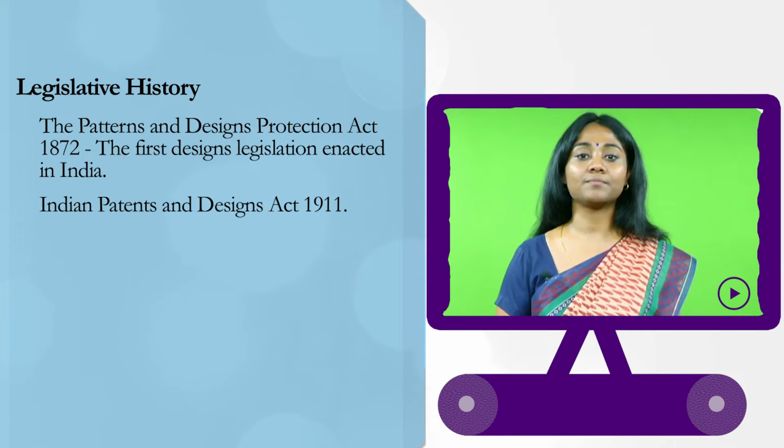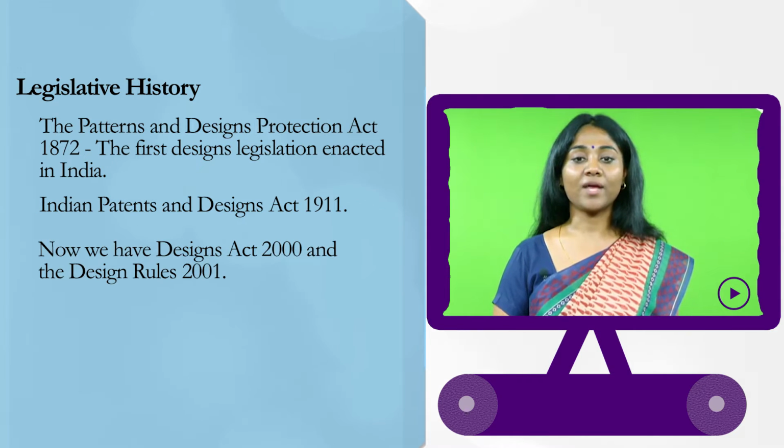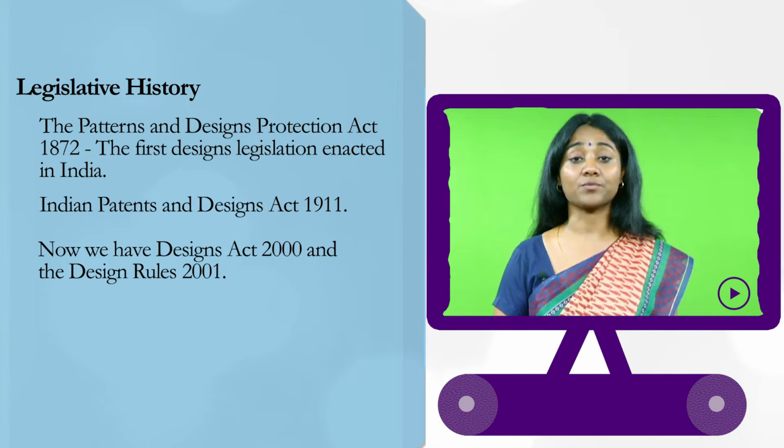Thereon, we had the Indian Patents and Designs Act of 1911, and finally we have the new designs law, which is known as the Designs Act of 2000, as well as the Designs Rules of 2001. The design wing of the Patent Office, Kolkata, is entrusted to administer the provisions under the Designs Act of 2000. So that is how the Designs Act is regulated in India.